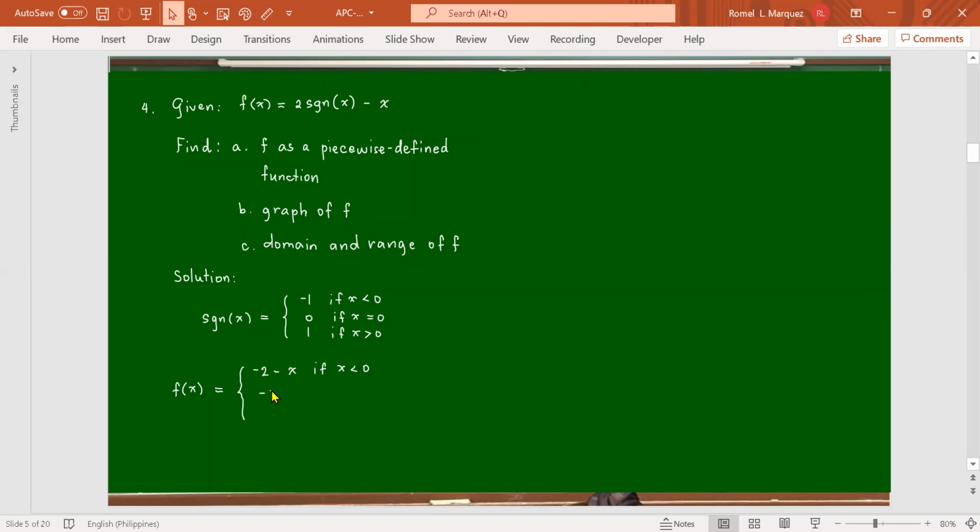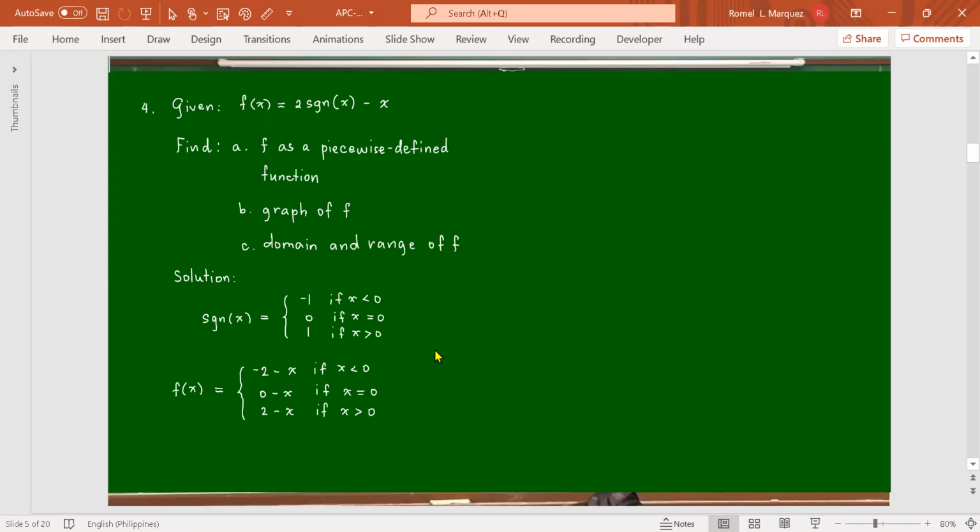So it is 0 minus x if x is equal to 0. Actually, we can simplify this into simply 0 later. And then, what about 2 times 1 minus x? So 2 times 1 is 2, then minus x, if x is to the right of 0. Is that clear, guys?